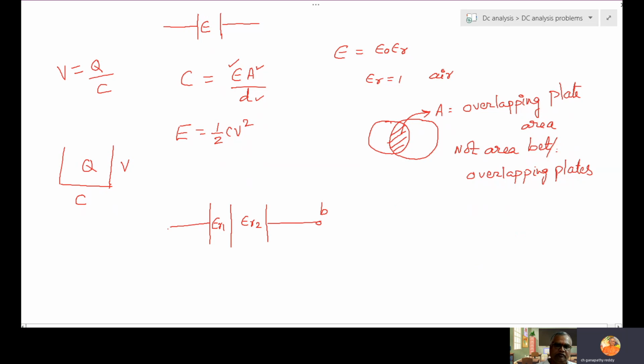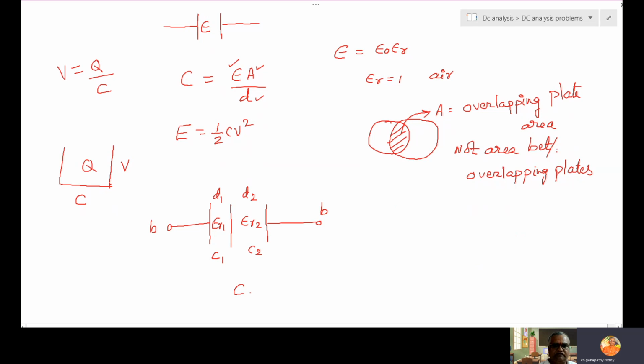So terminals A and B. And total distance is D, and this distance D1, this distance D2. How are these two capacitors connected? Let us say this is C1, this is C2. They are in series.